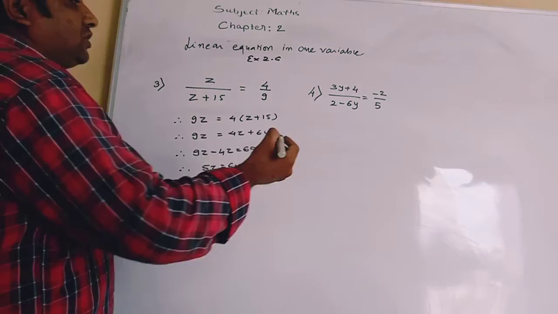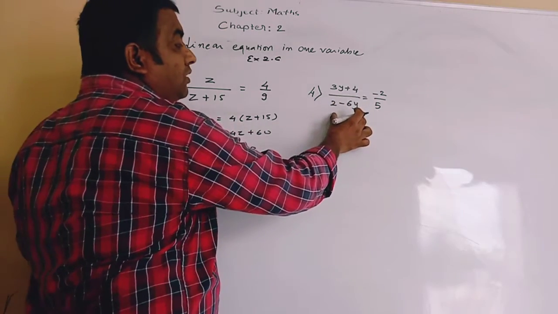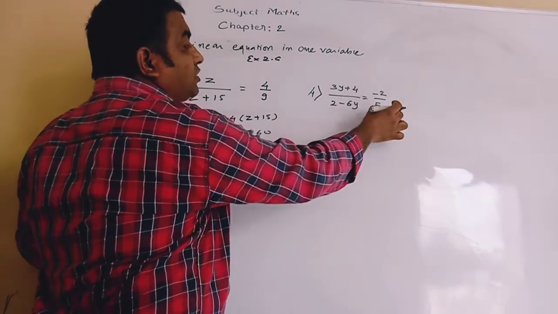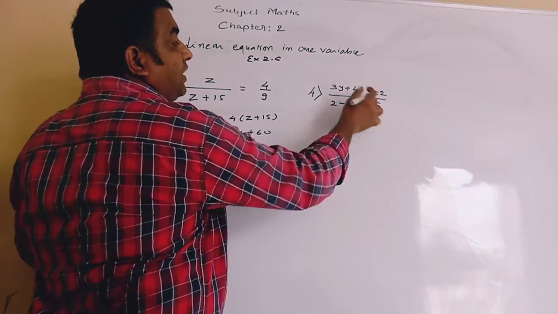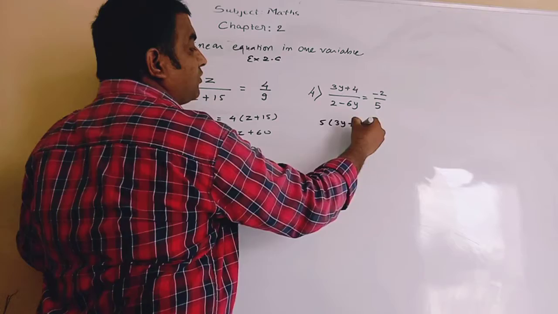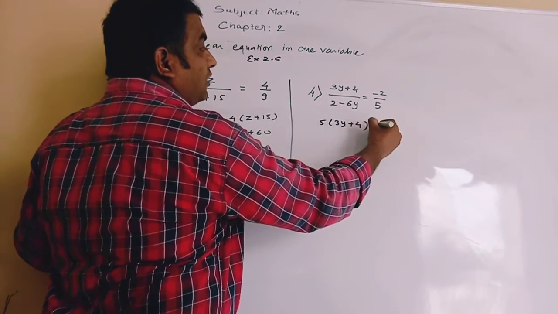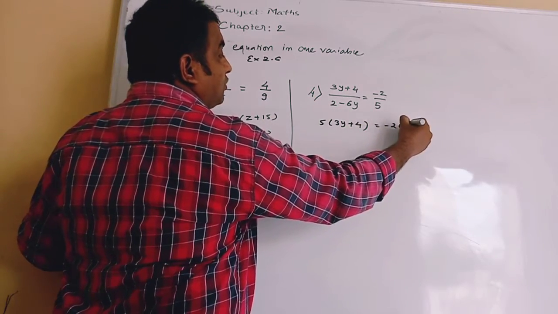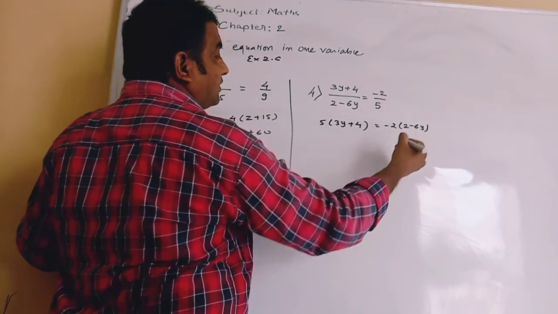Now the fourth question, we have (3y plus 4) upon (2 minus 6y) equals minus 2 by 5. So we cross multiply, then 5 into (3y plus 4) equals minus 2 into (2 minus 6y).